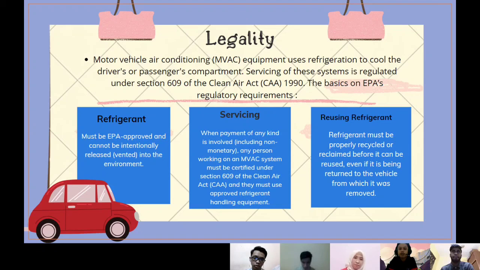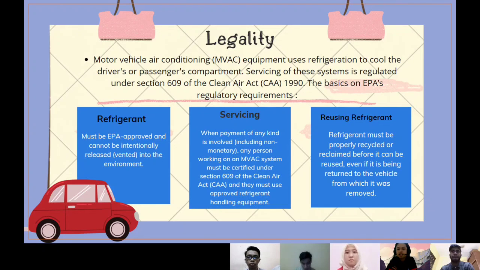The basic EPA regulatory requirements are three. The first is that refrigerant must be EPA approved and cannot be intentionally released into the environment. The next requirement is that when payment of any kind is involved, any person working on the MVAC system must be certified under Section 609 of the CAA, and they must use approved refrigerant handling equipment.